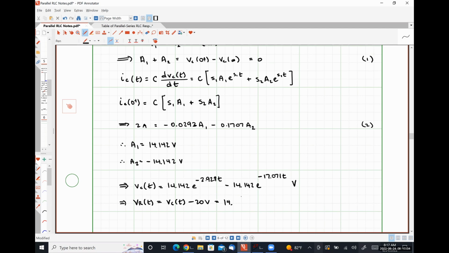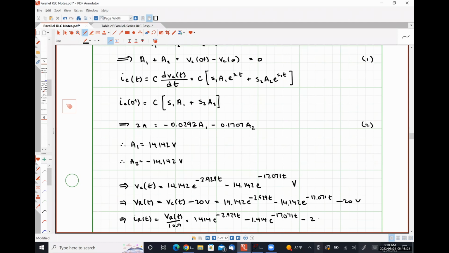So that's going to look like 14.142 e to the negative 2.929 t minus 14.142 e to the minus 17.071 t minus 20, and IR of t is simply VR of t over 10 ohms, which will look like 1.414 e to the minus 2.929 t minus 1.414 e to the minus 17.071 t minus 2 amps.